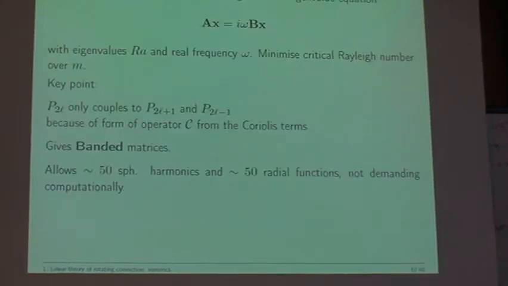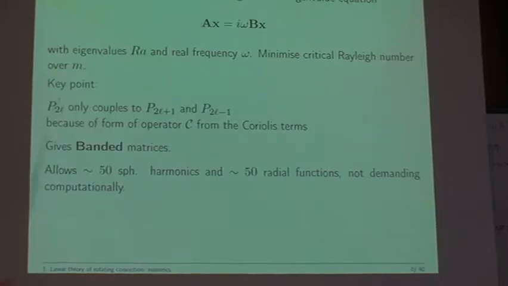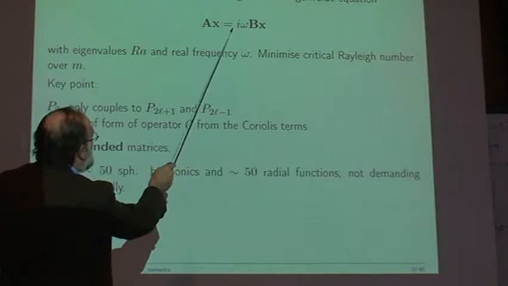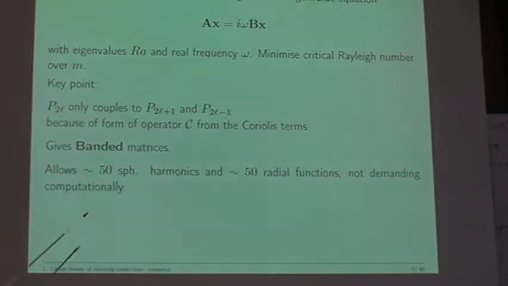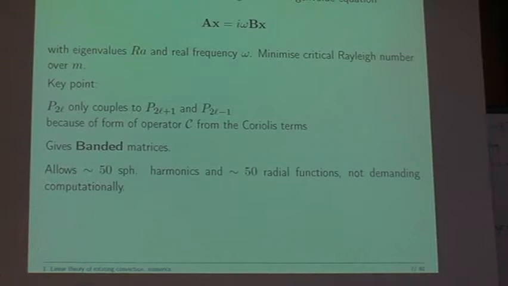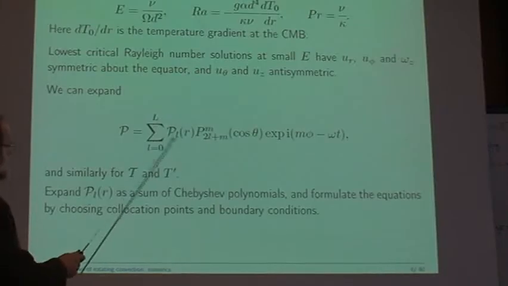Right, okay. When you insert these expansions in, essentially what you end up with is a matrix eigenvalue problem. The d by dt's all produce an i omega, and all the other terms produce some other matrix there. And x there is to be thought of as a long vector, composed of all the harmonics that we get in front of these coefficients here.